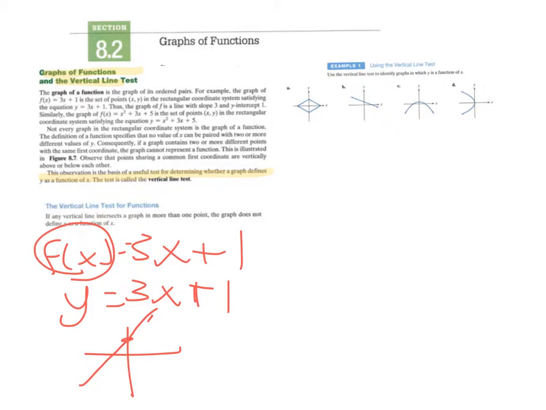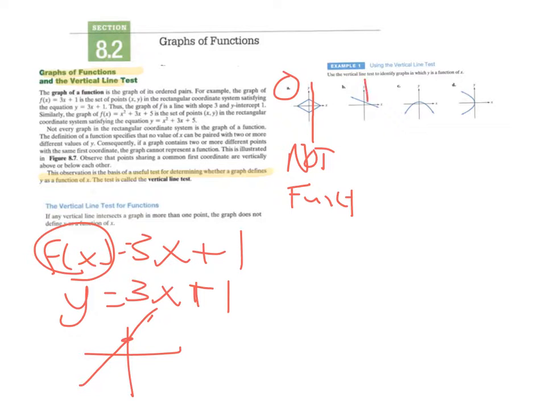So if we take a straight line, and if we look at this graph right here, I'm looking at A, and I draw a straight line and it touches the graph on that line 2 times, it's not a function. So we look at this next one.